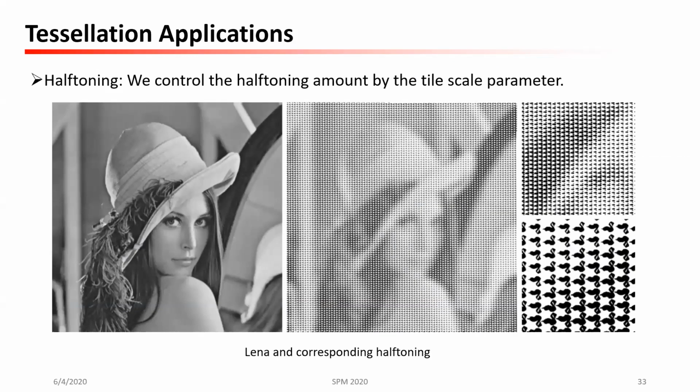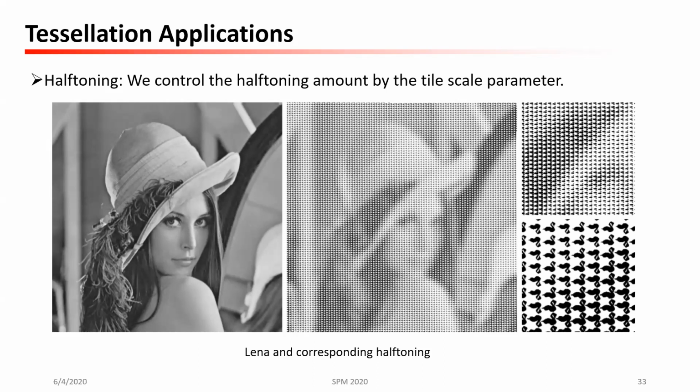We also adapt the tessellation result into a halftoning application due to its controllability and continuous tessellation of the plane. We control the halftoning amount by the tile skew parameter, since the tessellation structure is fixed.